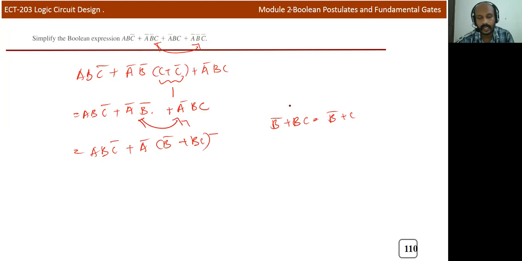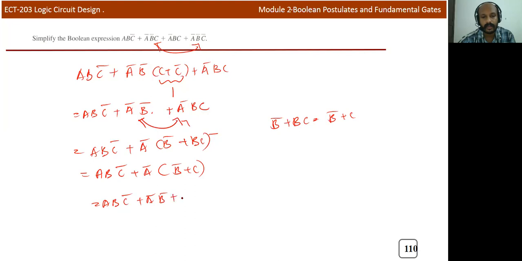Okay, by the redundant literal rule. So finally you'll get a b c bar plus a bar into b bar plus c, which is a b c bar plus a bar b bar plus a bar c. I think this is the final simplified version of the expression.